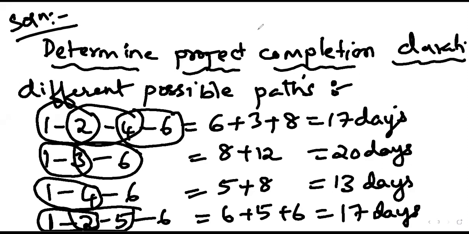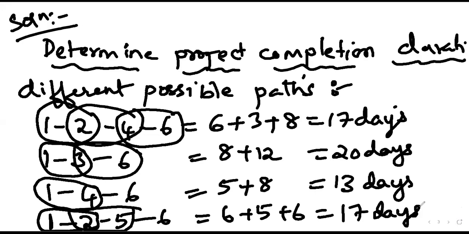So anyone else? What is the critical path here? 20 days, sir. Path 2. 20 days. Correct. That's the critical path. That's right.